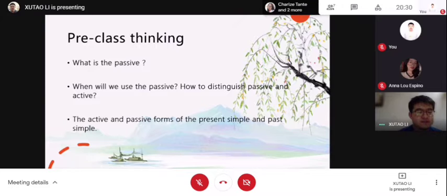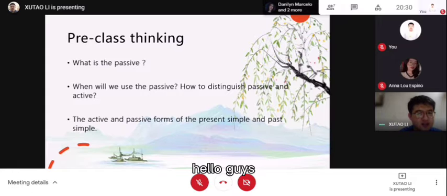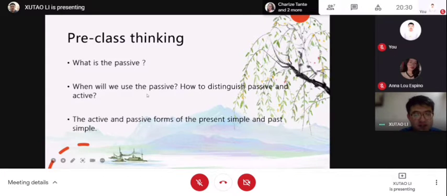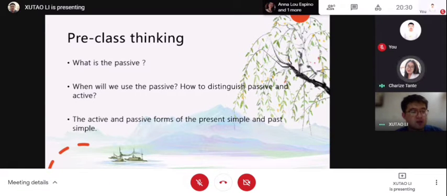Anna? Modal verbs are auxiliary verbs, also called helping verbs.